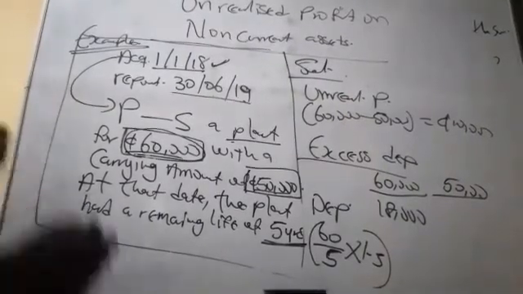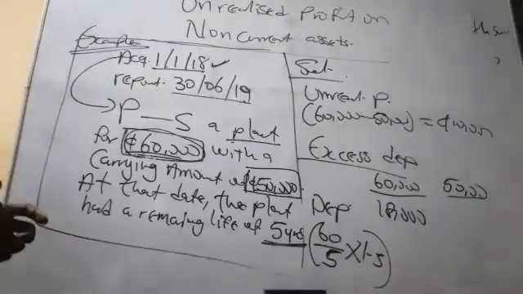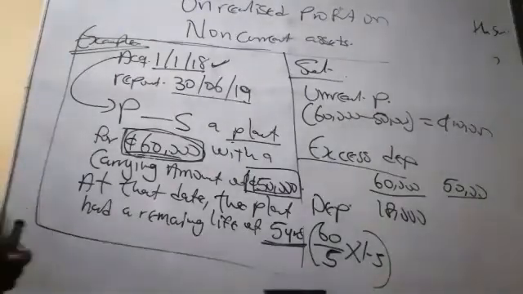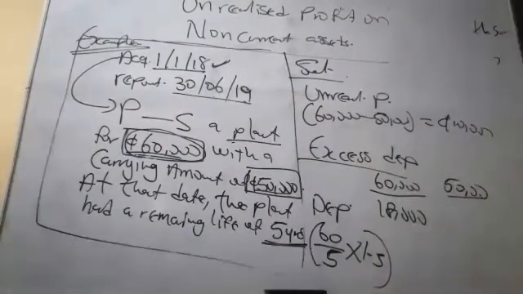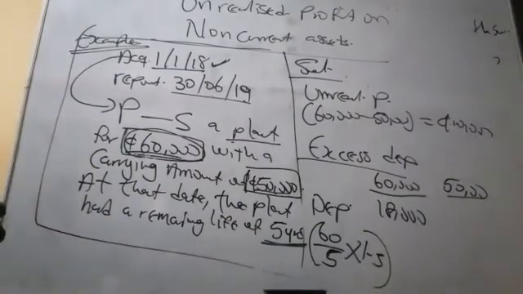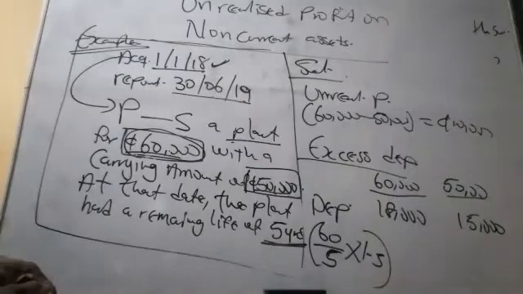Good. Now let's see that of the 50,000. On the 50,000, it will be 50,000 divided by 5. So that's 10,000, right? Times 1.5. So that's 15,000. So we should have calculated the depreciation as 15,000. So on the 50,000, they'll get what? 15,000.